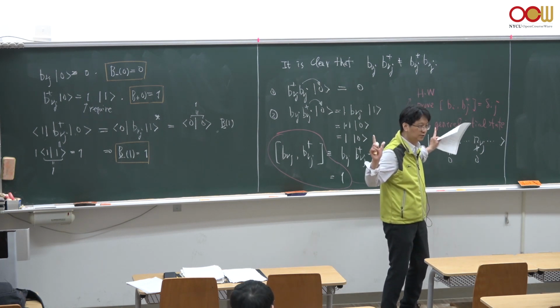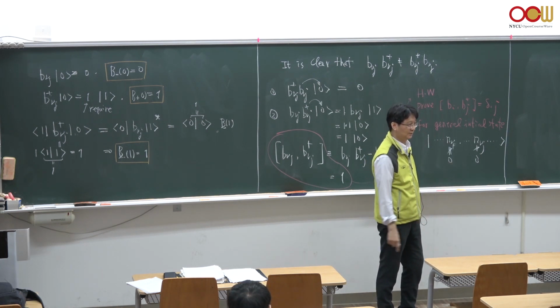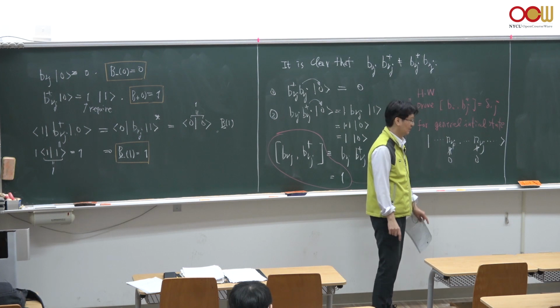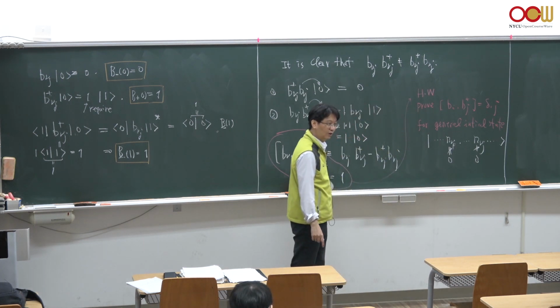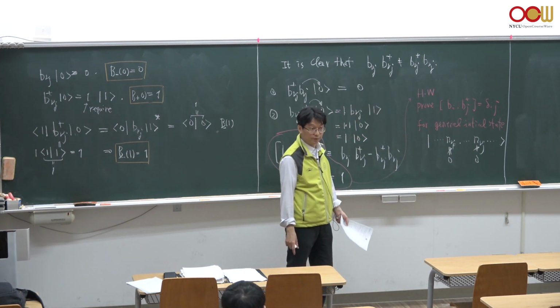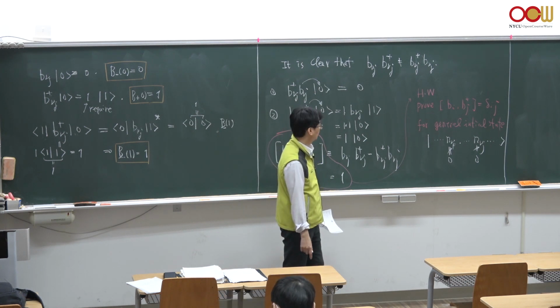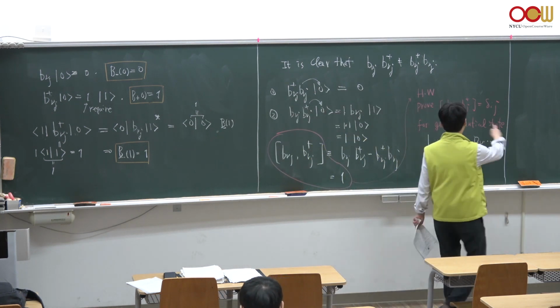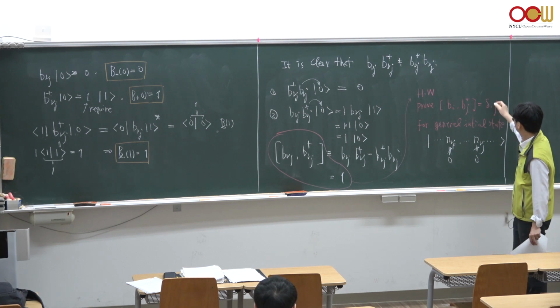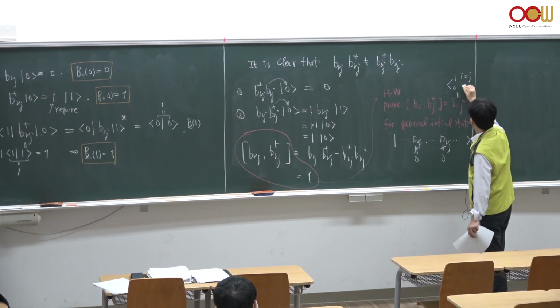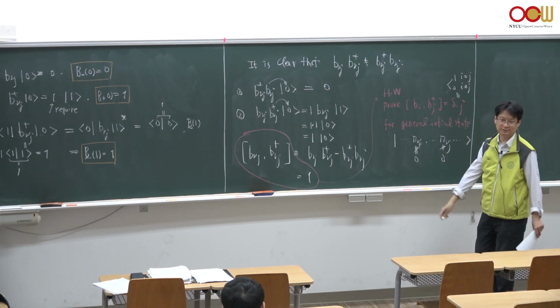So they are not empty states. But this relation still holds for arbitrary many boson wave functions. And there's a delta function. So if I is the same as j, you get 1. If not, it is 0.